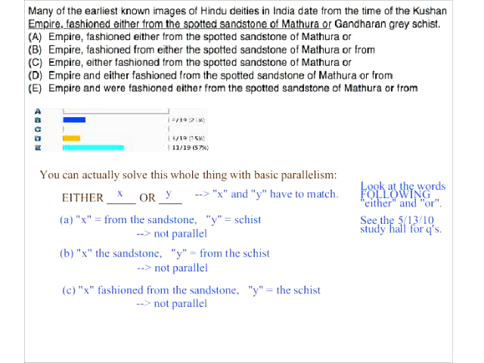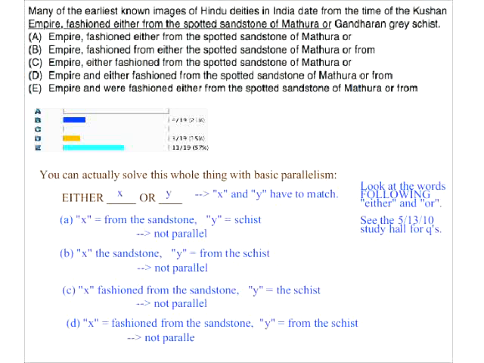In D, the words following "either" are "fashioned from" again, but the words following "or" are just from the schist. That's not parallel.